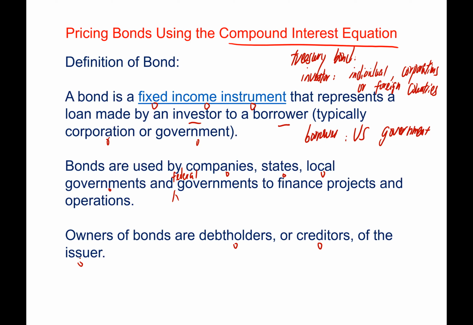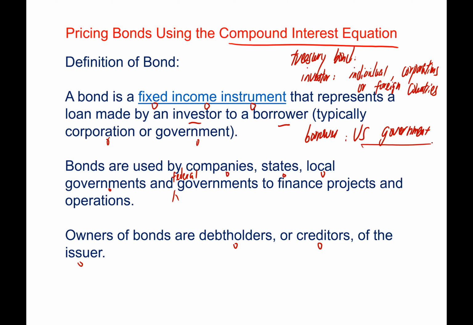So in the treasury bond case, the owner of the bond is not the US government; the government is the issuer. We also call owners debt holders, creditors. And this is the basic structure of the bond. You lend money to the bond issuer, and usually you hold a certificate indicating you are the bondholder.